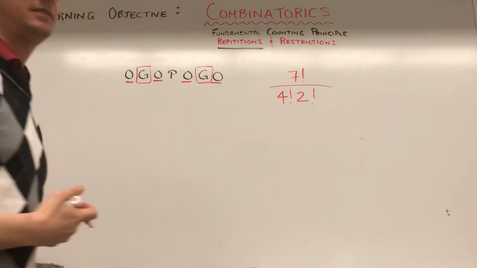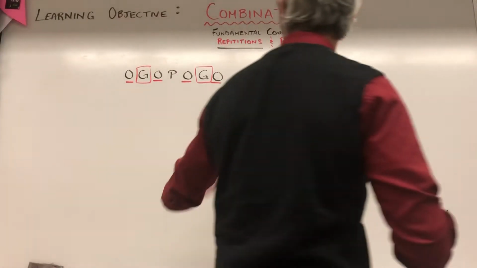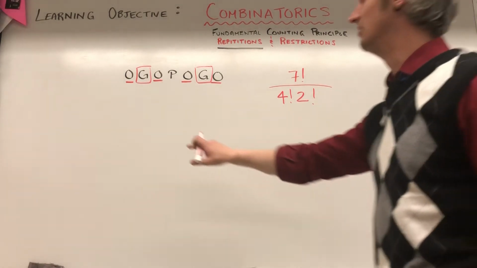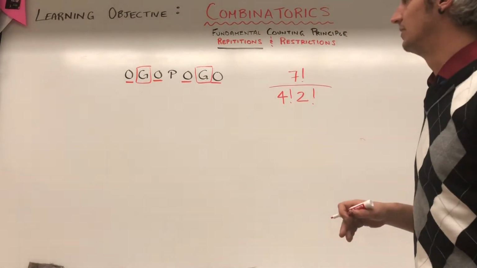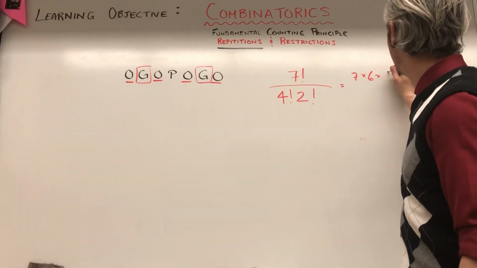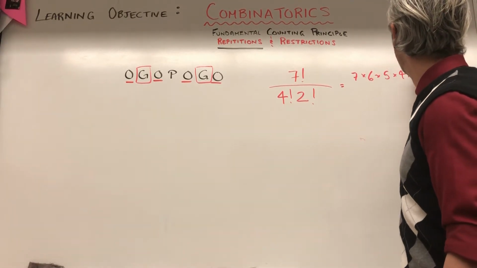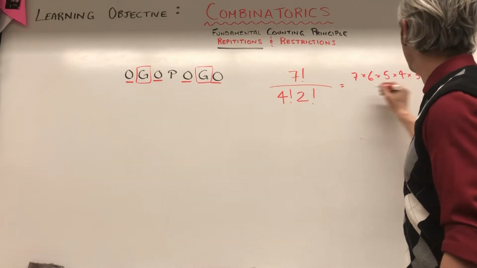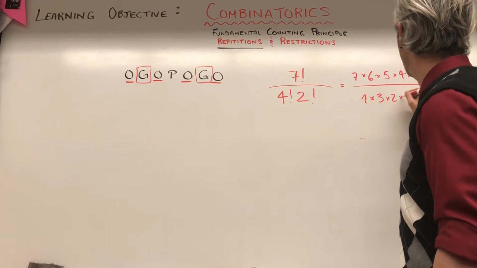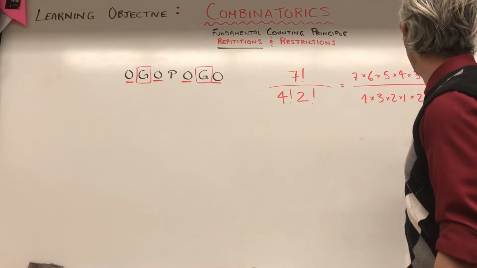That will give me the number of unique orders of these letters. If I write this out, I get 7 times 6 times 5 times 4 times 3 times 2 times 1, divided by 4 times 3 times 2 times 1 times 2 times 1.